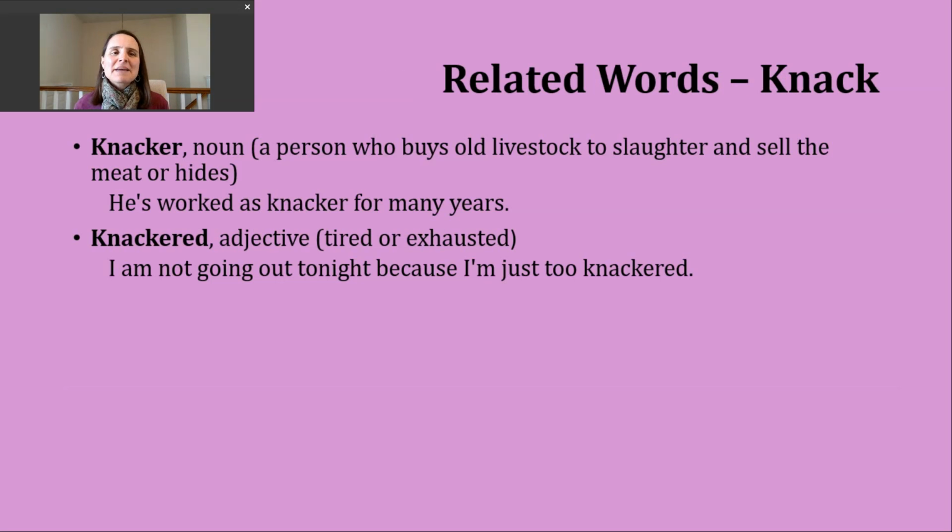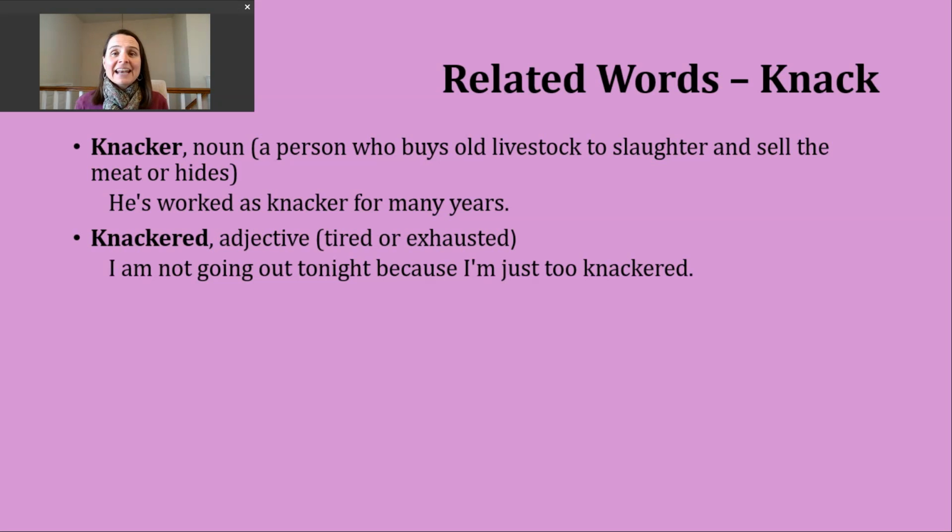Now, let's spend a little time looking at words that are related to our verb knacker. And the first word we're going to look at is just the noun form of the word. This has a really interesting meaning as a noun. Again, this was something I did not know until I started looking at it and reading a little bit.